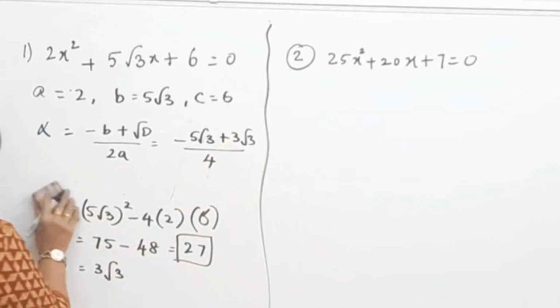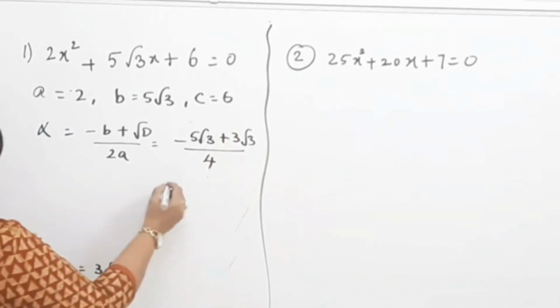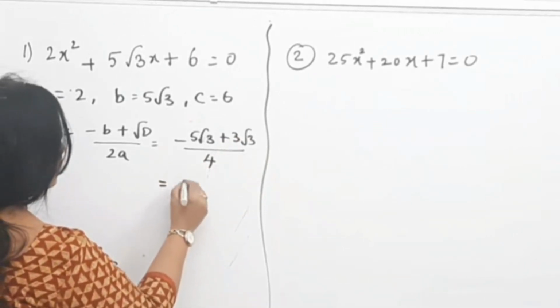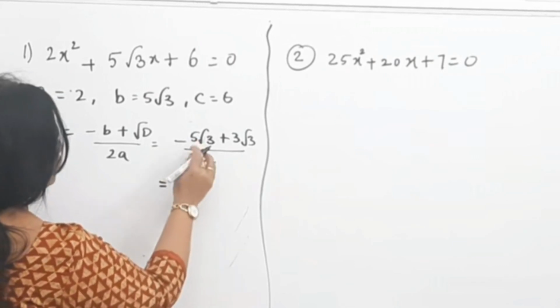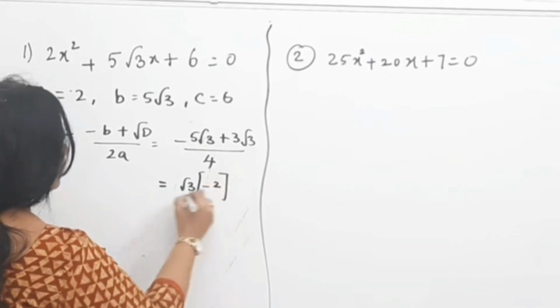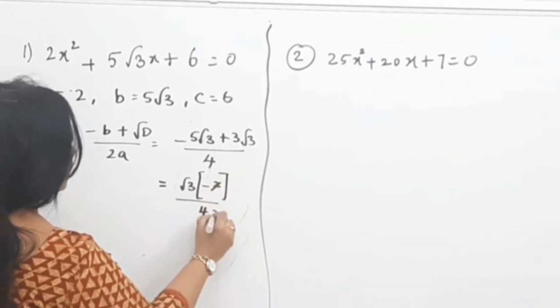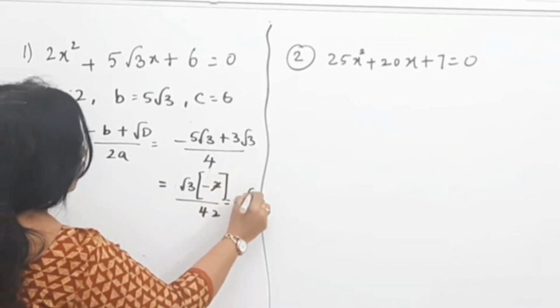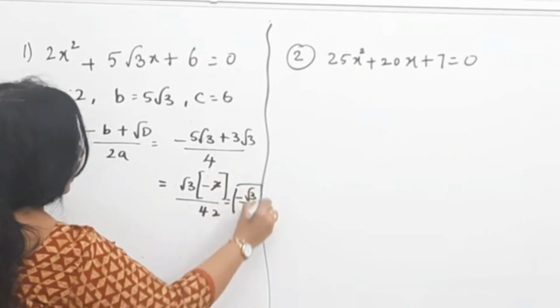So root 3 is taken outside. I'm left with minus 5 plus 3, that is equal to minus 2 divided by 4, gets cancelled twice. So minus root 3 by 2 is my alpha.